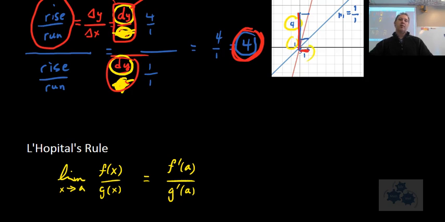If this run was different over here, then it would still be the slope of the one tangent in that local area divided by the slope of the other tangent, evaluated at the point where they meet. That's the point where it makes them 0 over 0. But that's in essence L'Hopital's rule. This is for the 0 over 0 indeterminate form.